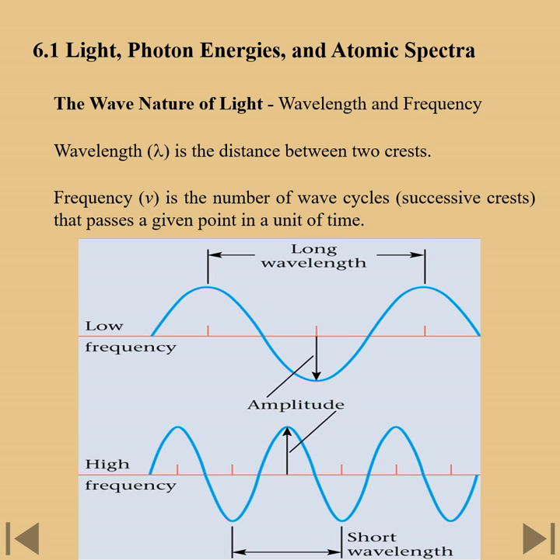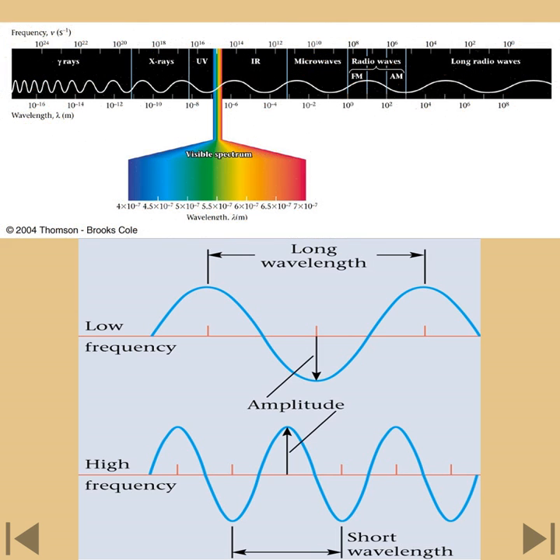Okay, so again, the other variable is the frequency, represented by the Greek letter nu, and this is again how many waves go by in a given point of time. And so they would have units of reciprocal time, like so many per second, so many per minute. Actually, it's always going to be per second.